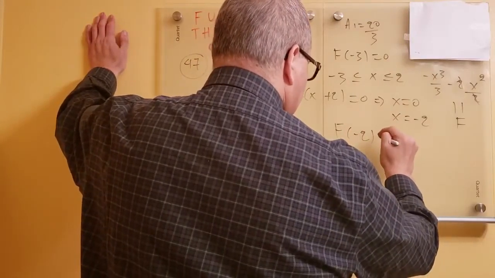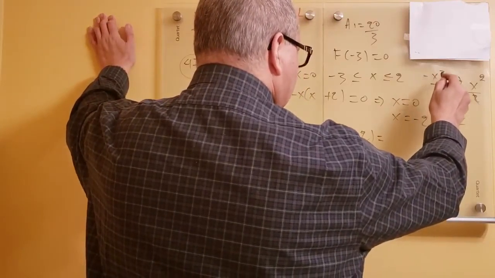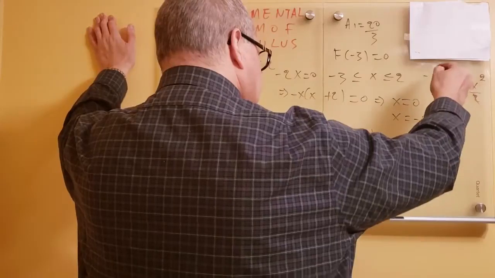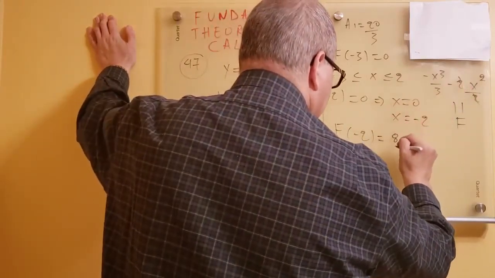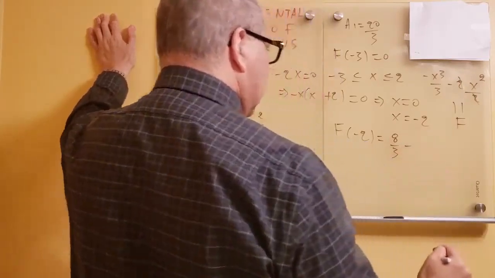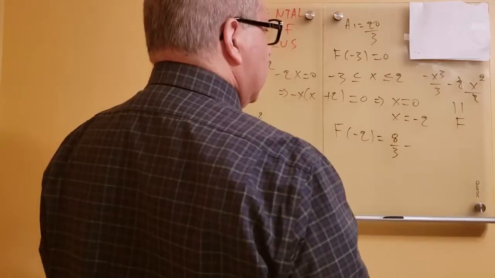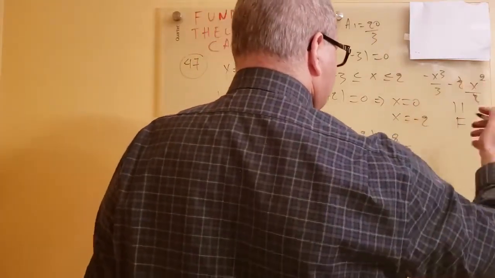The F at -2 will be minus the -2 to the third, which is minus the -8, so that's +8, minus the -2 squared, which is -4.